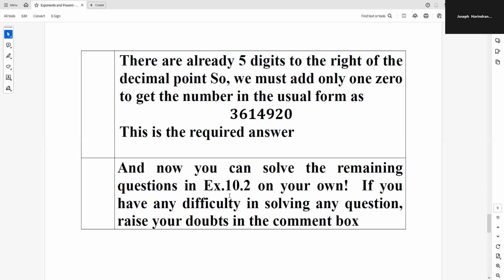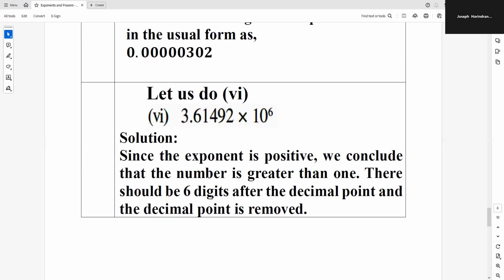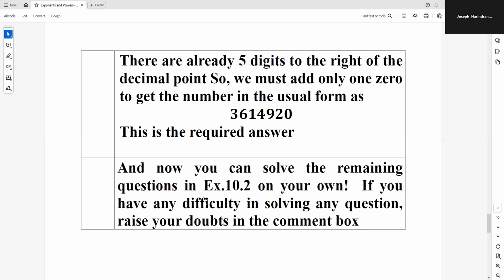See, we transform this number 3.6149. Keep the digits intact. Do not tamper with the digits. The digits have not undergone any change. The same digits appear here also. See, 361490. Just one 0 is added.